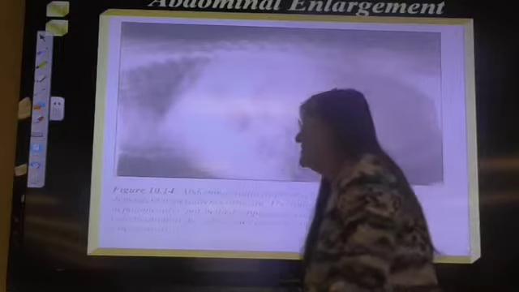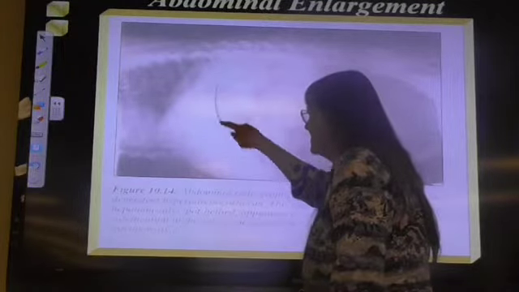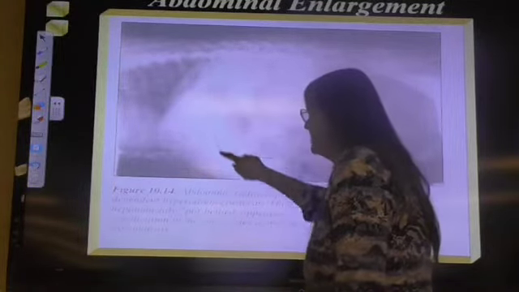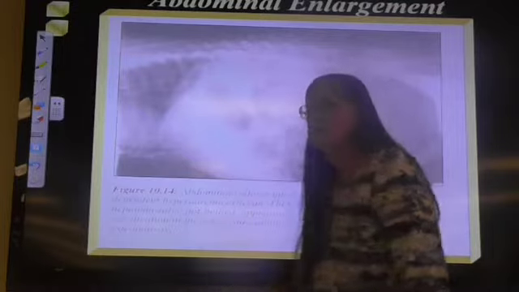Okay. And here's an abdominal radiograph from a Cairn Terrier with pituitary-dependent hyperadrenocorticism. And what about the size of that liver? How big should the liver be? Not that. No, that's not a good answer. Okay. You can see it's coming down like this. It should come down like this. There should be 2 to 3 ribs beyond it. I'm not seeing that. So that is big liver disease, right?